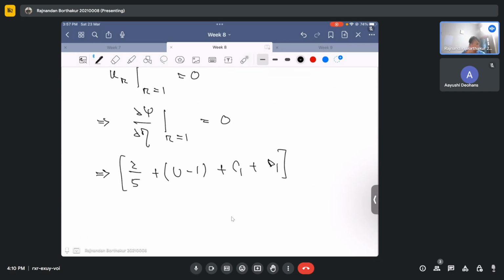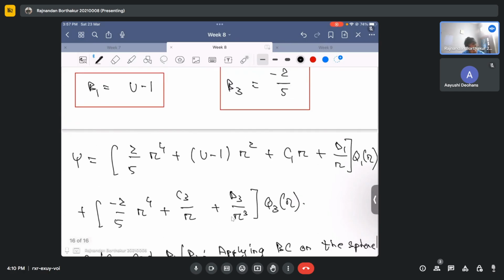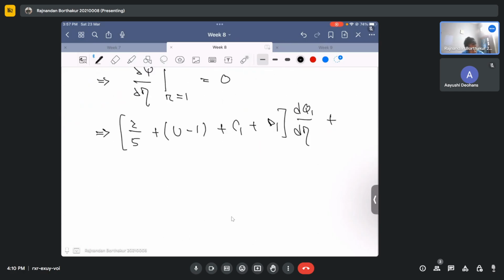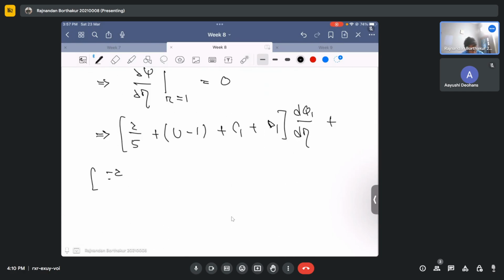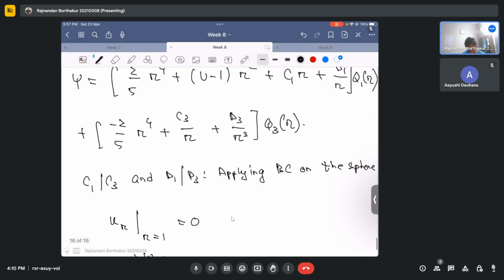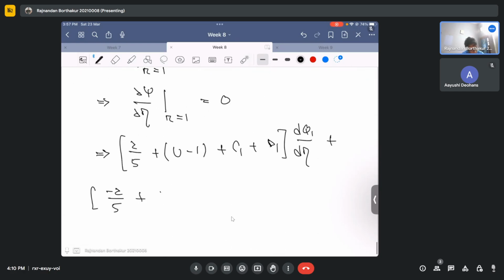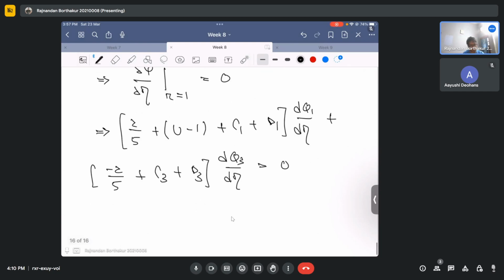See, this is just a function of r, so it will come out of the integral, which means I have just d of q1 by d eta, and this should be minus 2 by 5, plus c3 plus d3, times d of q3 by d eta equal to 0.